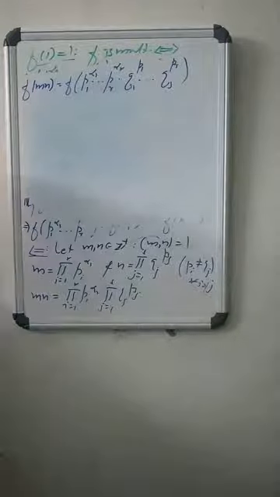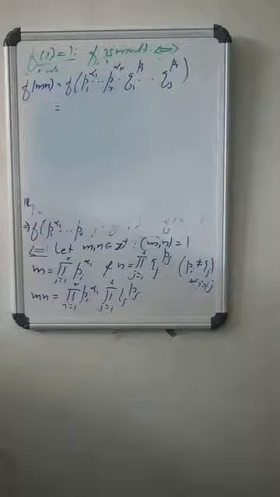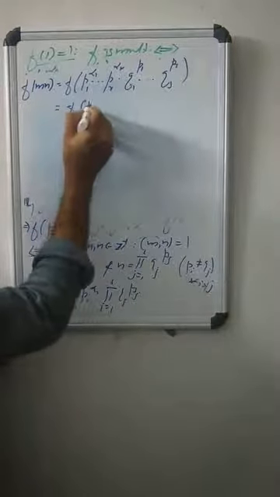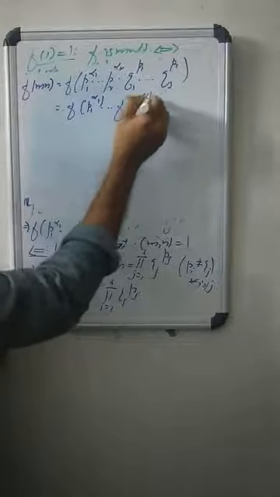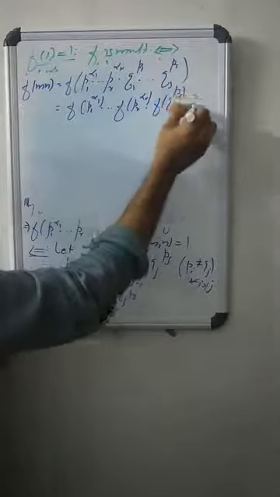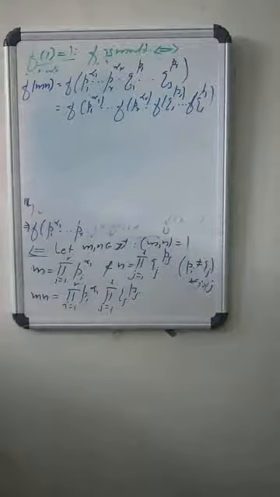Coming to the hypothesis, what is the assumption? f of p1 power alpha 1, etc., pr power alpha r equals f of p1 power alpha 1 into etc. So from here we can conclude that it is f of p1 power alpha 1, etc., into f of pr power alpha r into f of q1 power beta 1 into etc., into f of qs power beta s.